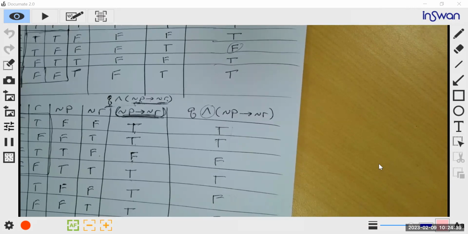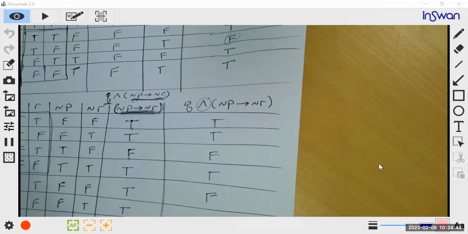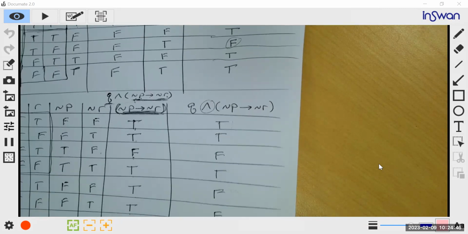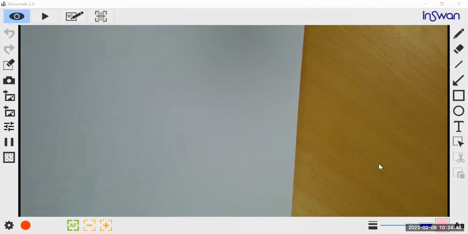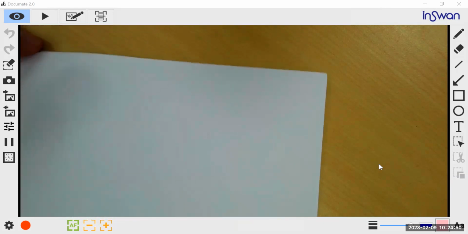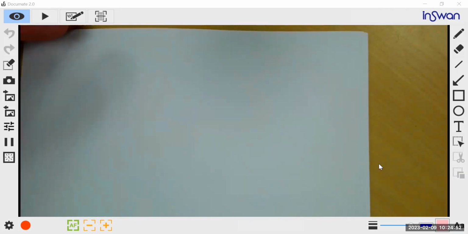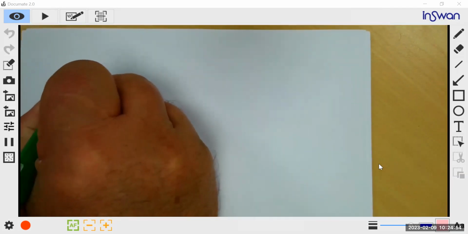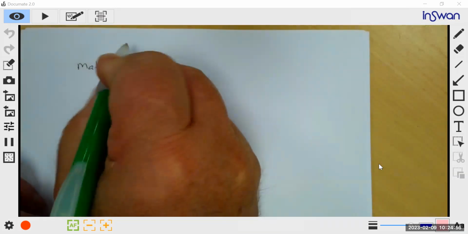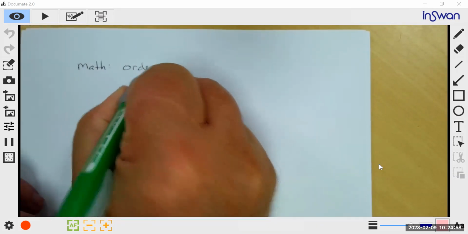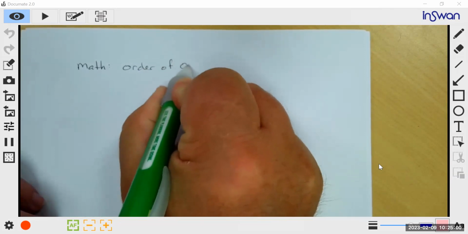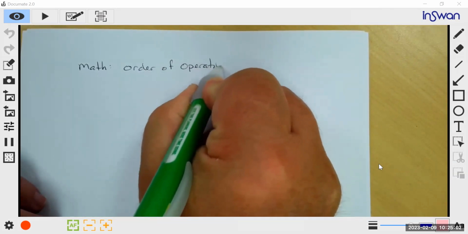But that's not what we're looking at. We're looking at what's more important. Is there a hierarchy of how you do things? Yes, there is. In math, in algebra, we have the order of operations.